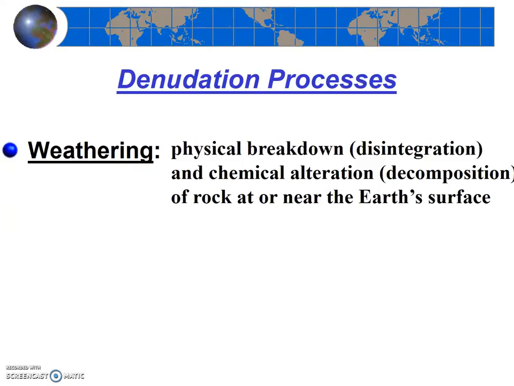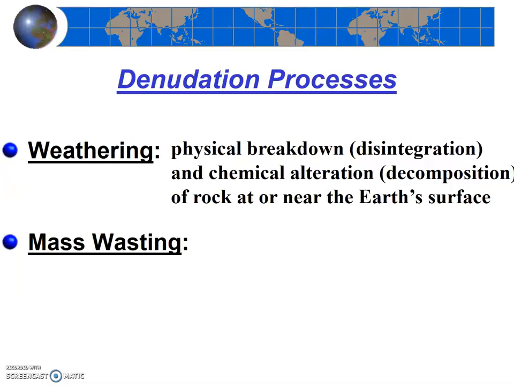Weathering is the physical breakdown, disintegration, and chemical alteration, decomposition, of rock at or near the Earth's surface. So you can see there's 2 different things going on in that definition. There's the physical breaking down of rock, and there's the chemical alteration of the rock. So disintegration and decomposition. We're going to look in more detail at these 2 terms in just a minute.